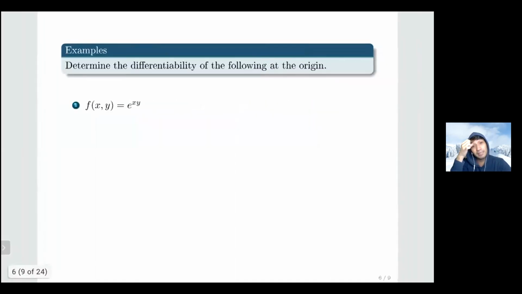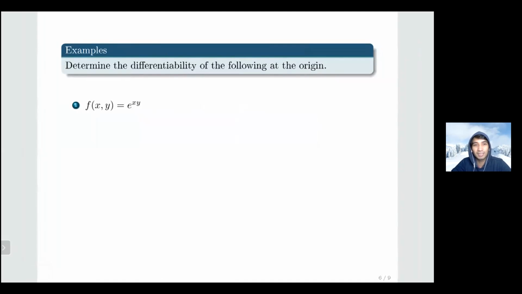So, as an example, halimbawa, tingnan natin kung differentiable yung mga sumusunod sa origin. Okay? So, for the first one, meron tayong f of xy equals e to the xy. So, una muna, papakiramdaman nyo kung differentiable or hindi. Itong e to the xy, magandang function yun. Exponential, tapos mga polynomial ang involved. So siguro kung papakiramdaman natin, mukha siyang differentiable.